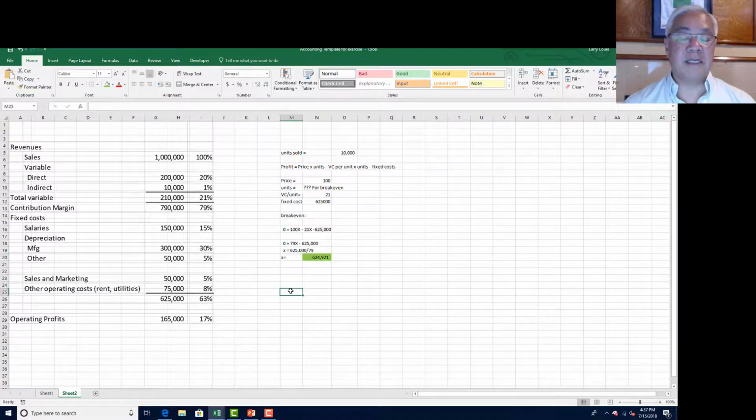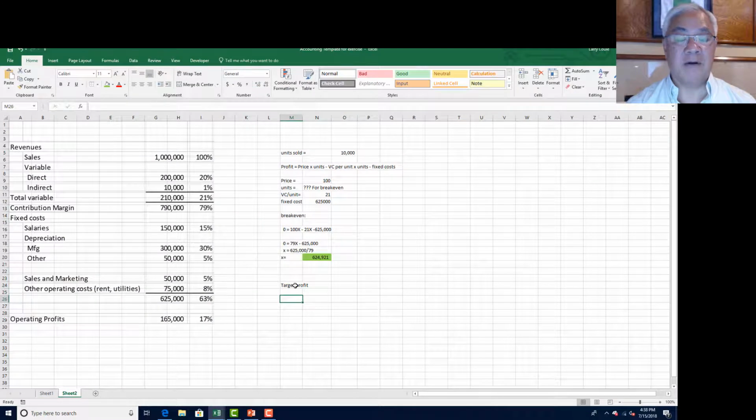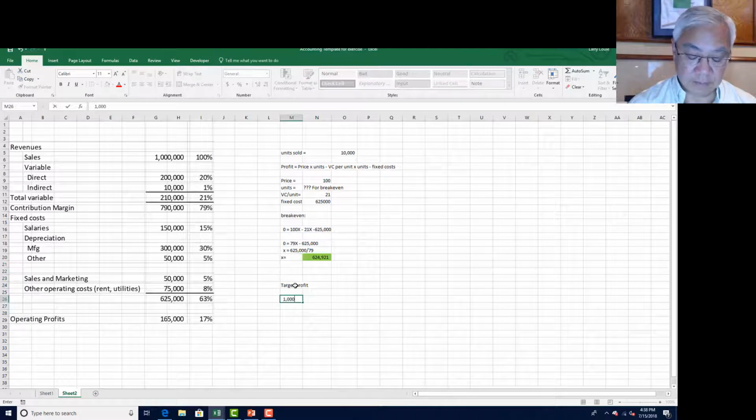All right, next we say, how much do we need to sell to make $1 million? That's called target profit. So we have a target profit of $1 million, and we have a price of 100, variable cost of 21, and fixed cost of 625.